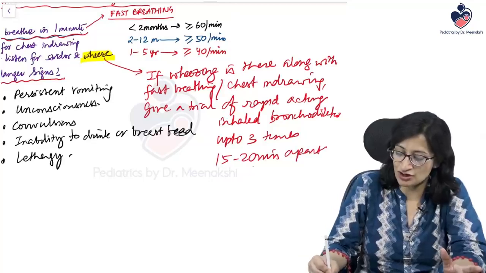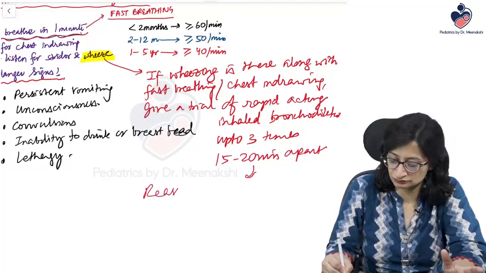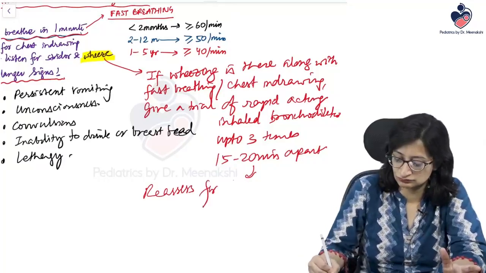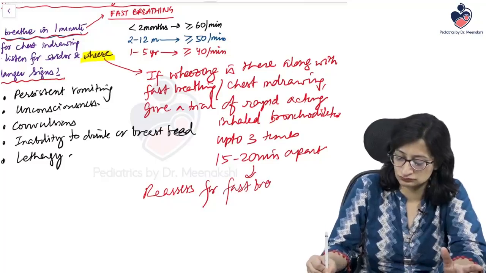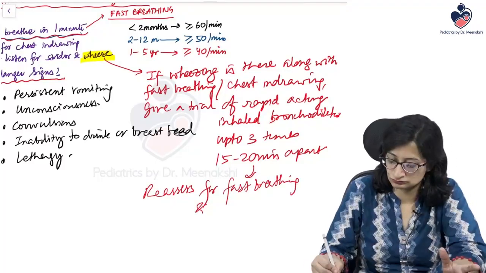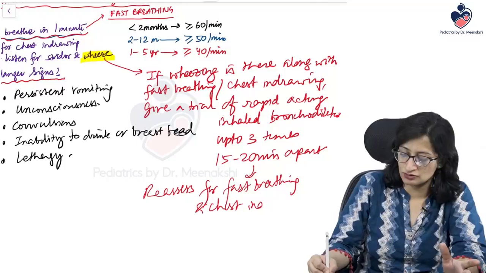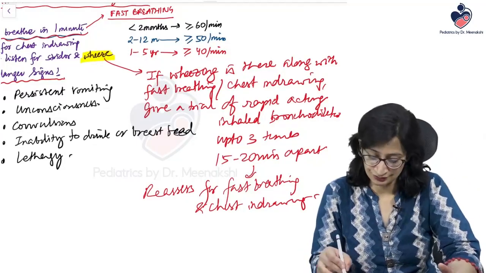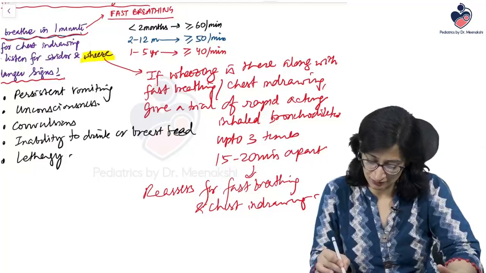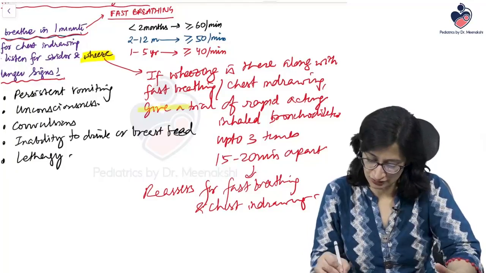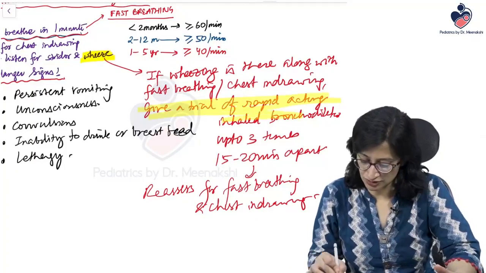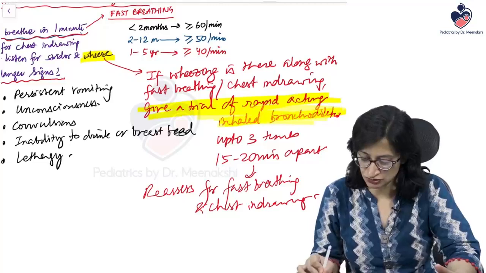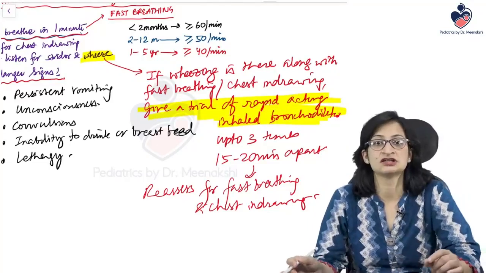Then reassess for fast breathing and chest indrawing. This use of inhaled bronchodilator is a new entry in the latest IMNCI guidelines, which was not there in the previous guidelines.